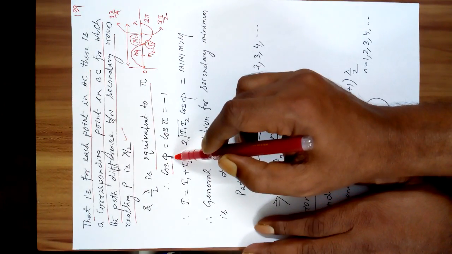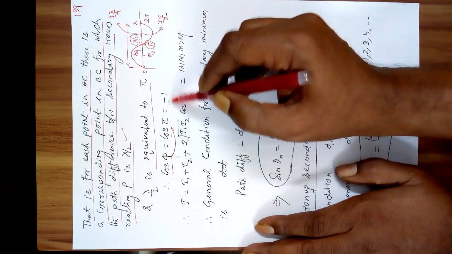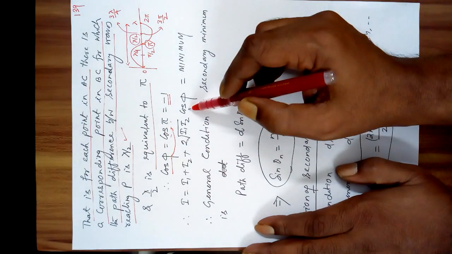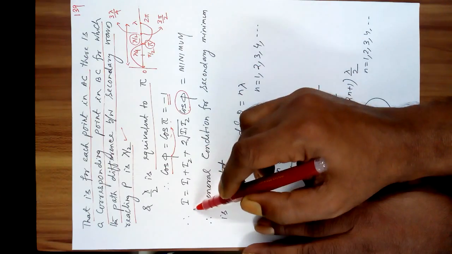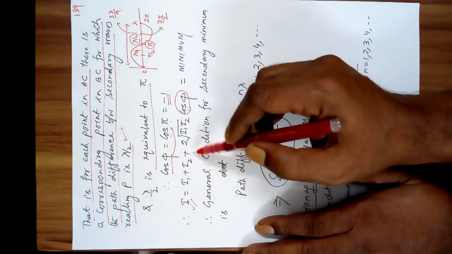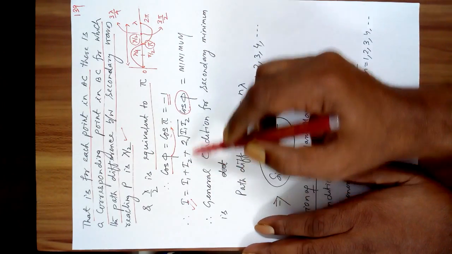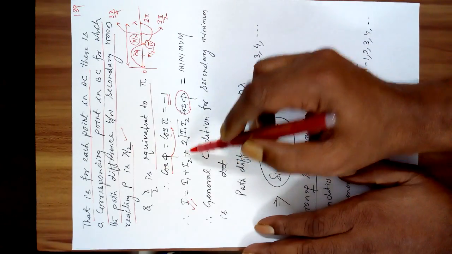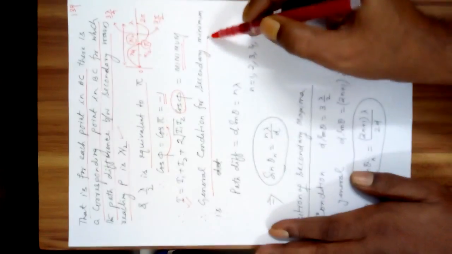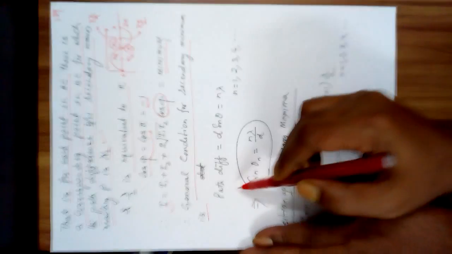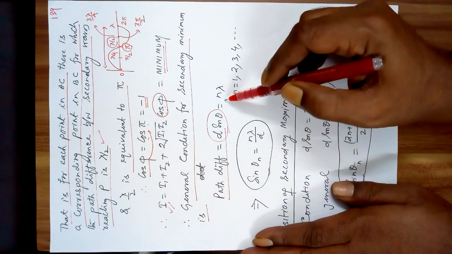Therefore, cos phi is equal to cos pi, that is equal to minus 1. So when this value becomes minus 1, that minus will come here, so the intensity will be minimum. Because this is positive and this is minus, it is subtracted, so it becomes minimum. So the general condition for secondary minima is that the path difference d sine theta is n lambda.